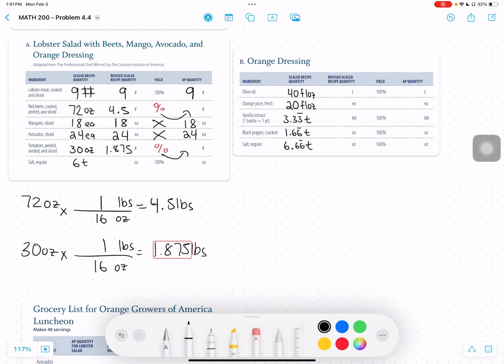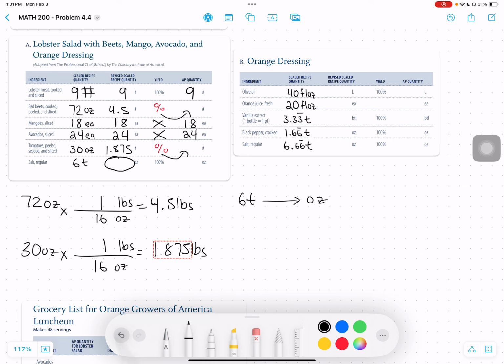For salt, regular, let's do another conversion. We're converting 6 teaspoons to ounces, and you're going to need to look up the number in the book of yields. So look up this number for the conversions, and then write your total amount of ounces there.